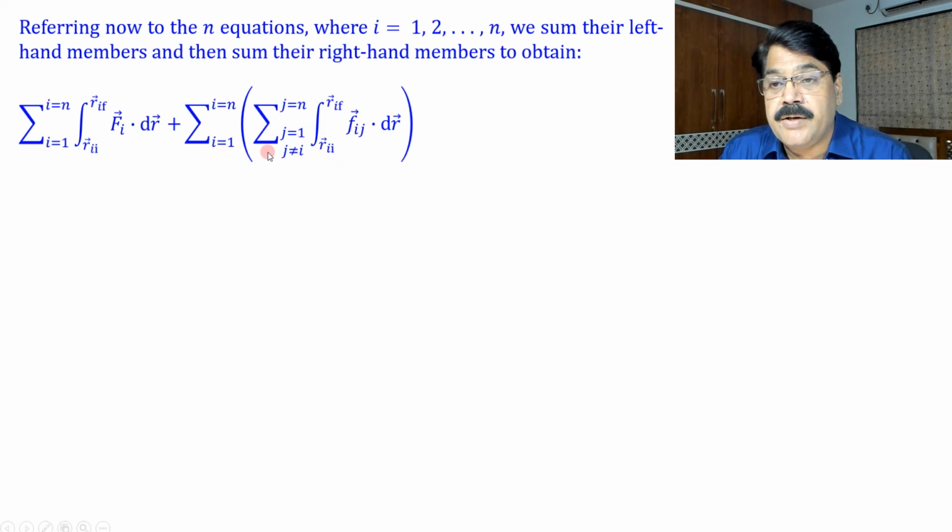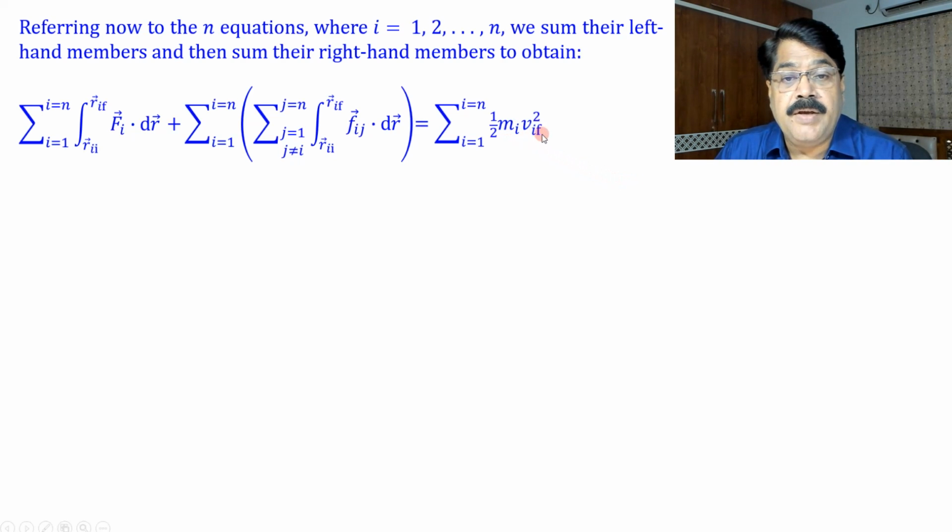And adding all such terms for i equal to 1 to n, this term will represent the work done by all the internal forces on the entire system, and that will be equal to summation i equal to 1 to n half mi vi final square minus summation i equal to 1 to n half mi vi initial square. So this is the entire final kinetic energy of the system minus the entire initial kinetic energy of the system.